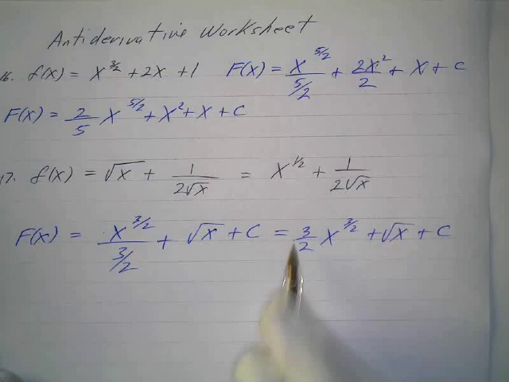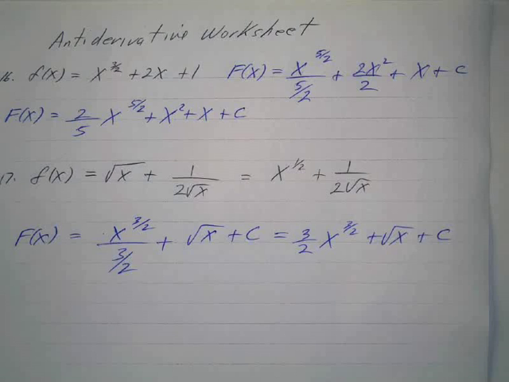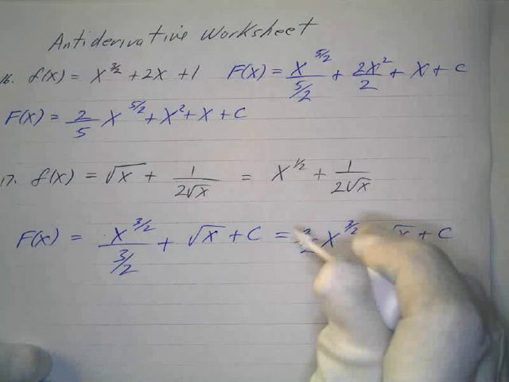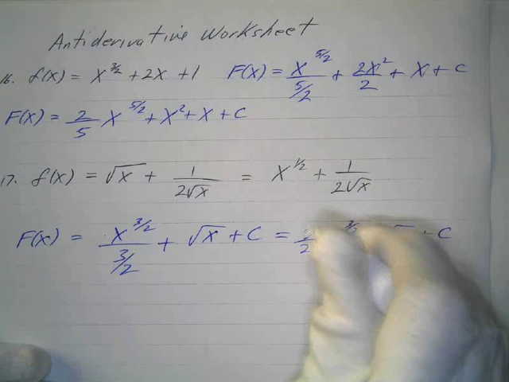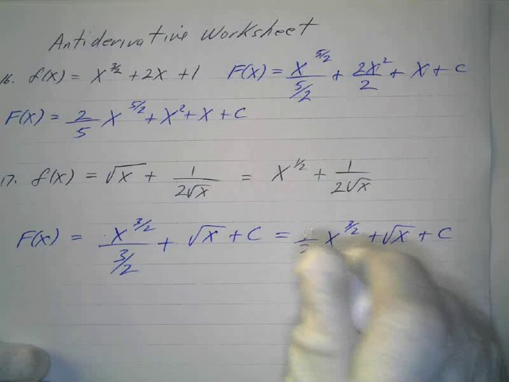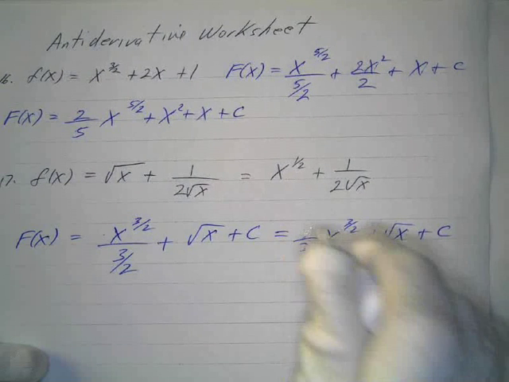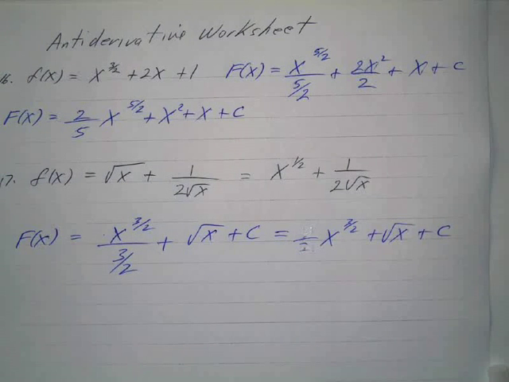Oops, sorry, I forgot to invert. Excuse me, error. I think I meant to say, just like I did over here, that should be 2/3. In other words, if you're dividing by 3 halves, it's the same thing as multiplying by 2/3.